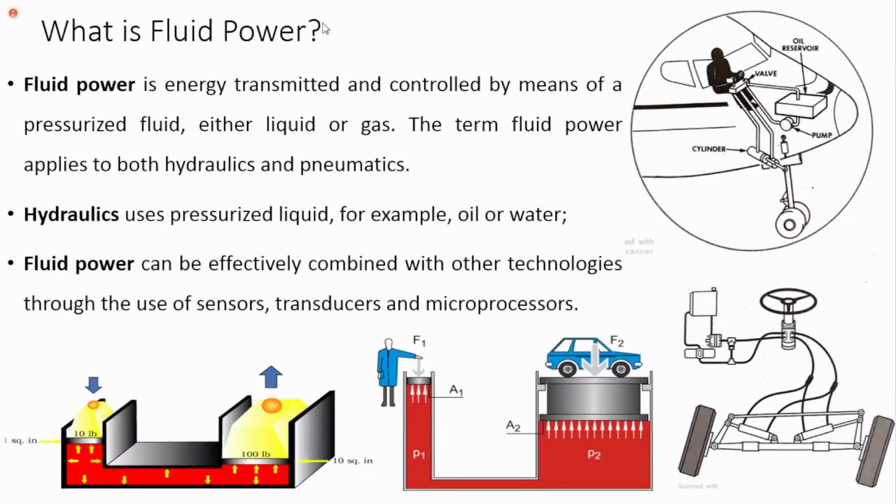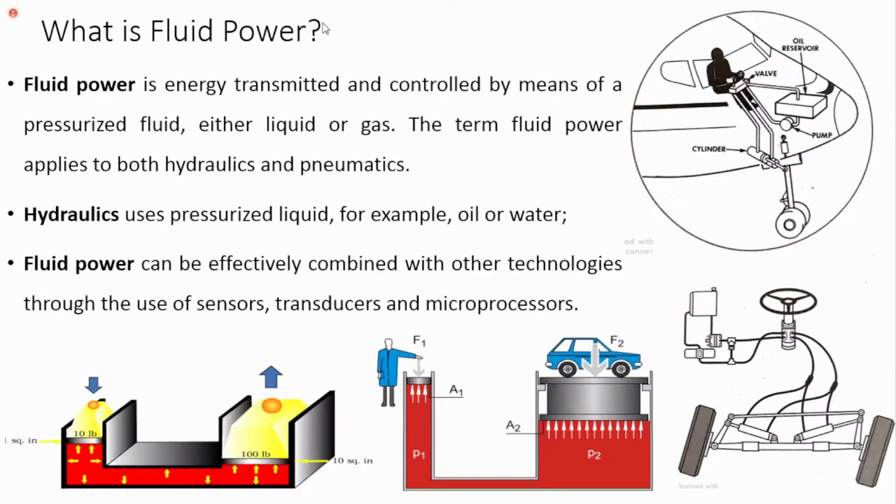Let me give you a common example: a common liquid is water, and a common gas is air. Let us compare their densities. The density of water is 1000 kg per meter cube, whereas the density of air is 1 kg per meter cube.